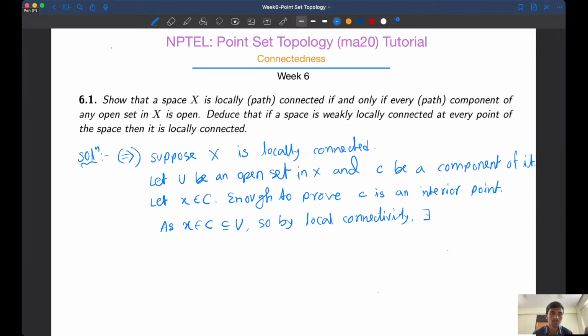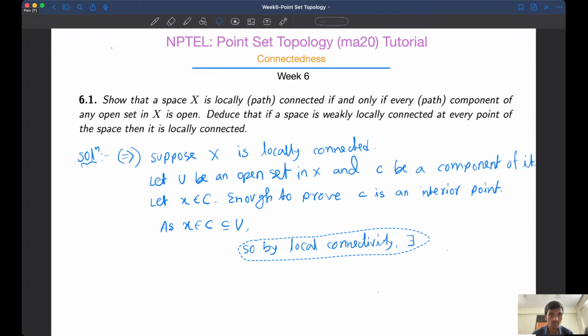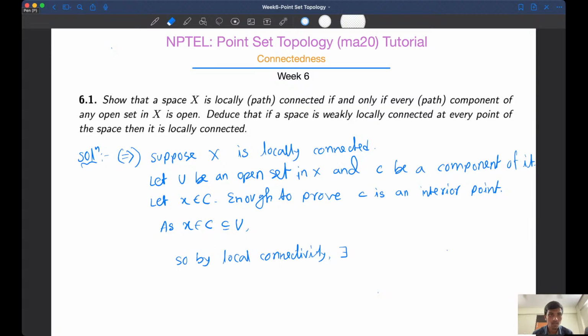So basically I should use an open neighborhood of x.